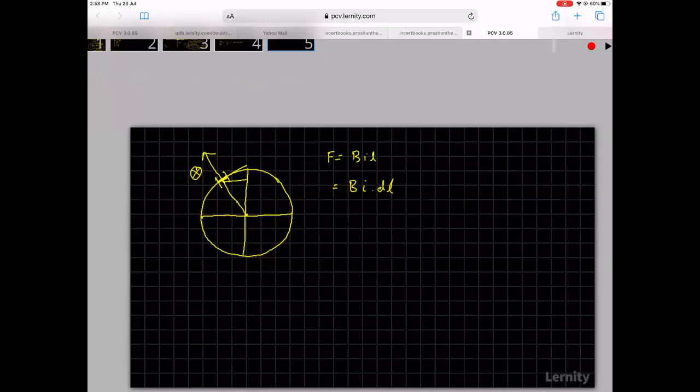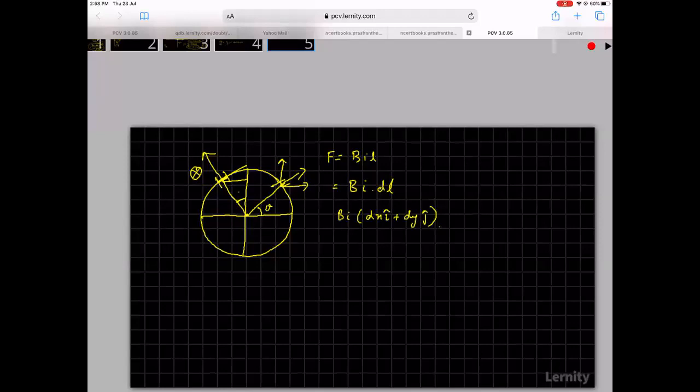If this angle is theta, then you can say the components are F cos theta and F sin theta. So it will become BI (dx i cap plus dy j cap).